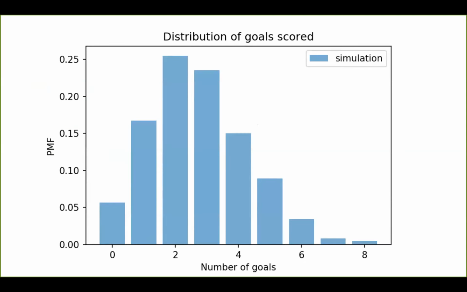And if I do that, let's say 1,000 times, I can estimate what the distribution of goals scored looks like. This is the probability mass function, showing that most of the time you're going to score between, let's say, 1 and 4 goals. 0 is unusual. Values greater than 4 are unusual, but not impossible.